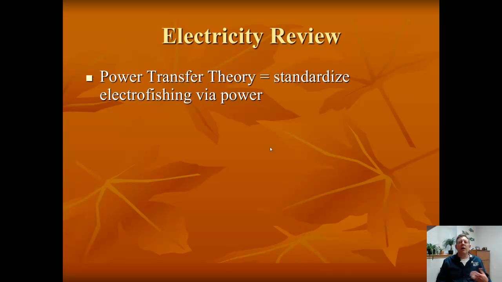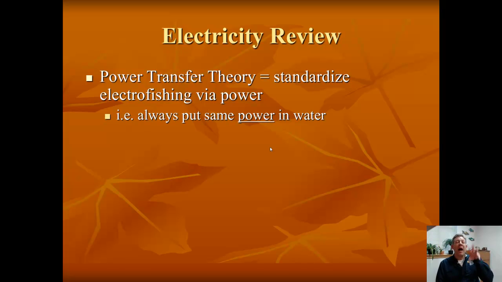And so we've got this idea called the power transfer theory, which is that we standardize electrofishing based upon power. So if everybody puts the same power into the water, then everybody is fishing in a standardized manner.